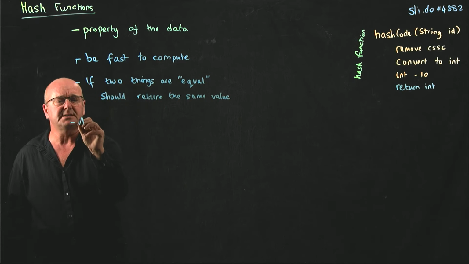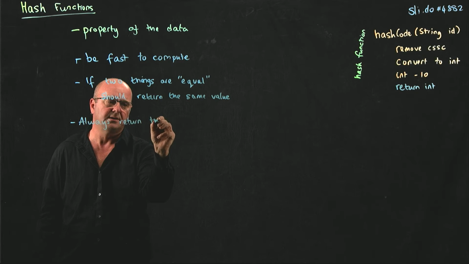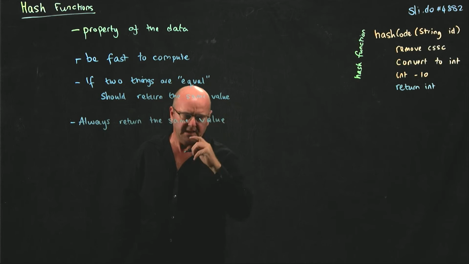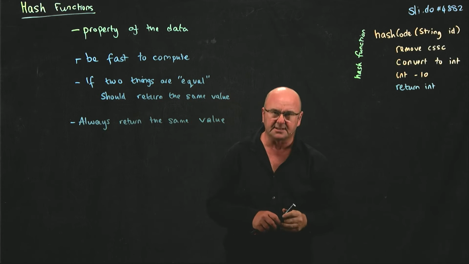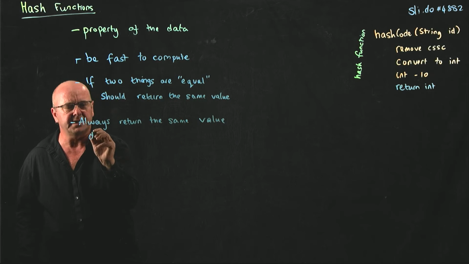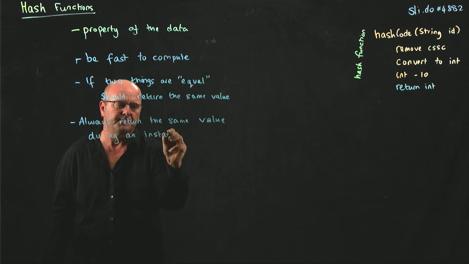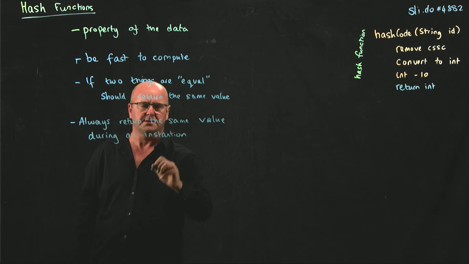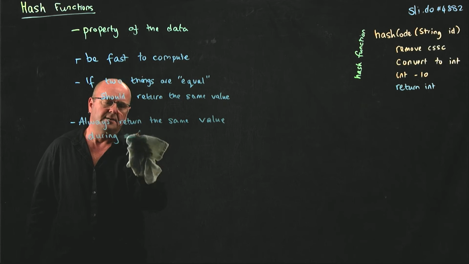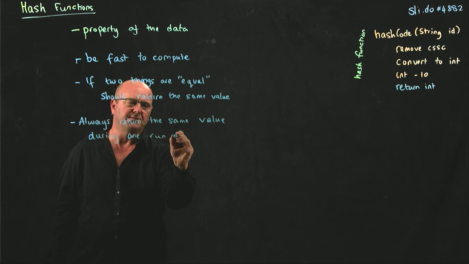It should always return the same value. And there's 2 interpretations to this. The strict definition is during one run of the code.